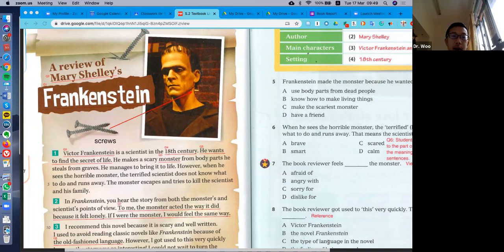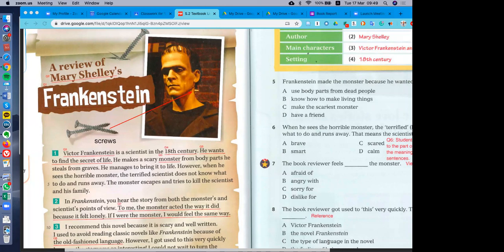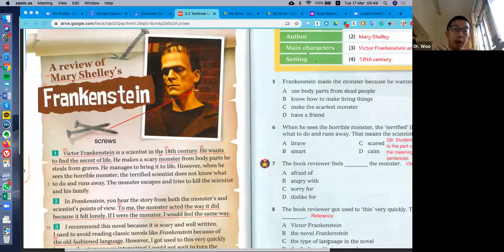Okay. So we use this reasoning to conclude that the thing, it, in the picture is the monster.